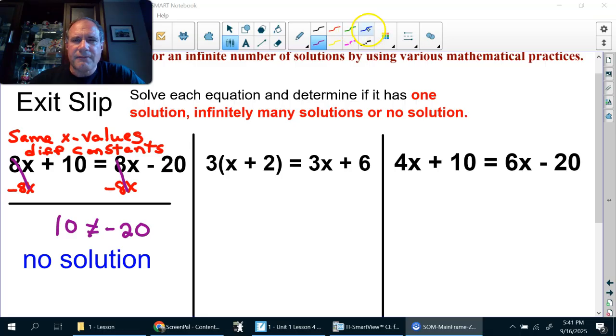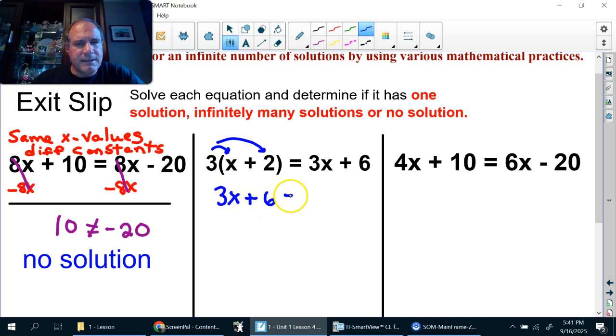Now this one I have to do distributive property first to see what's going on. This is 3x plus 6 equals 3x plus 6. Same expression on both sides.